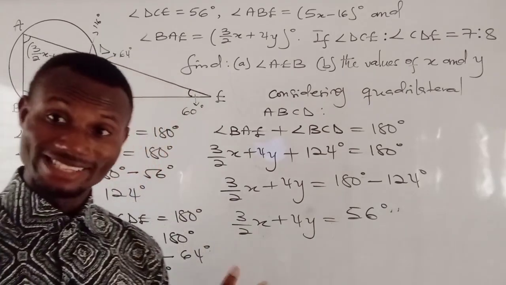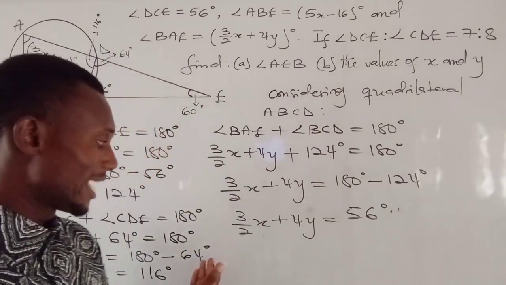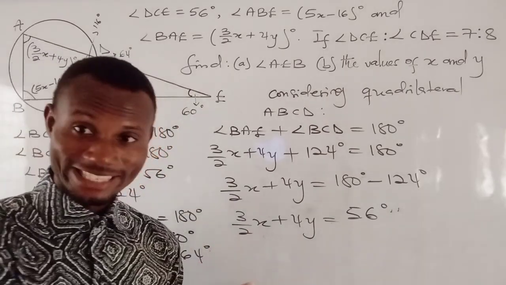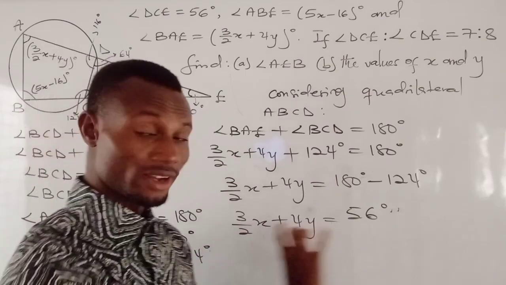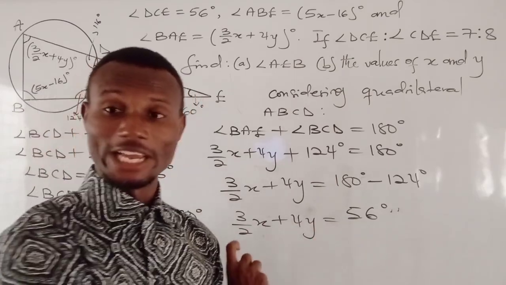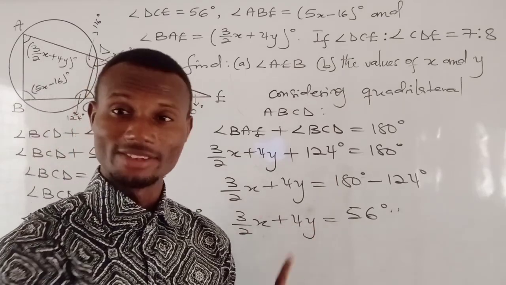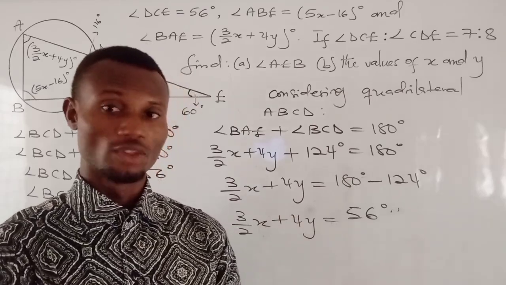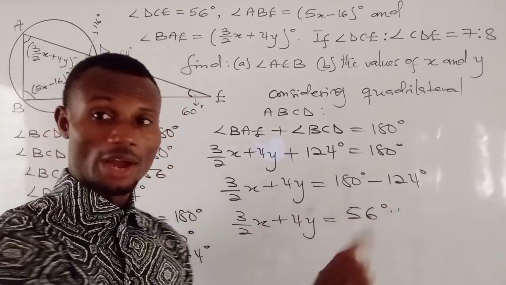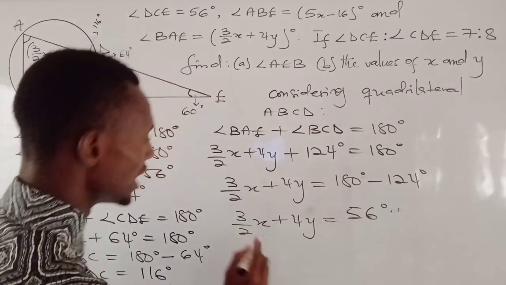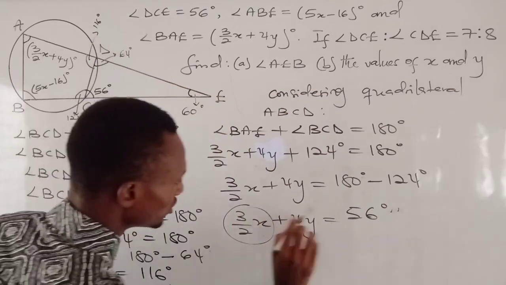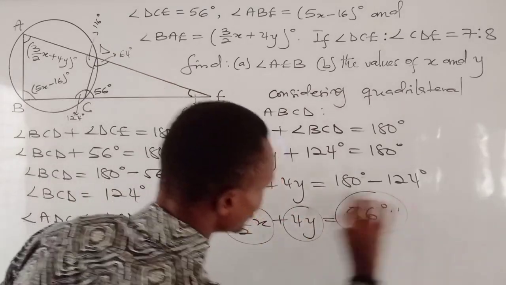The LCM is the value at the denominator, which is 2. So we multiply through the equation by 2. Each term in the equation, we are going to multiply by 2.